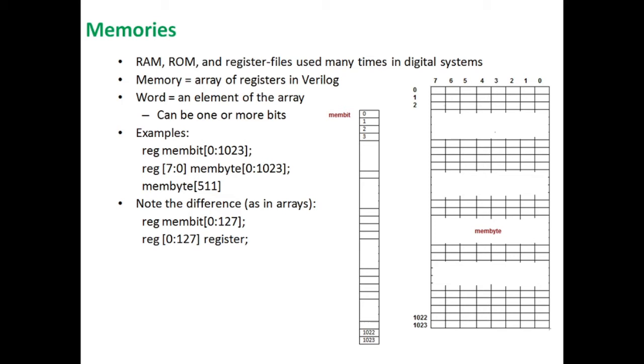That means I am going to call this membyte memory unit as having a capacity of 1k 8 bit words, because each and every element in your memory or in your array is a word. Element is also called a word. So it is 1k 8 bit words or 1k 1 byte capacity. So this is about memory organizations.